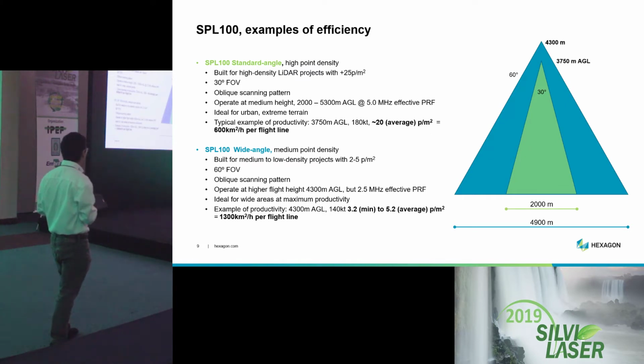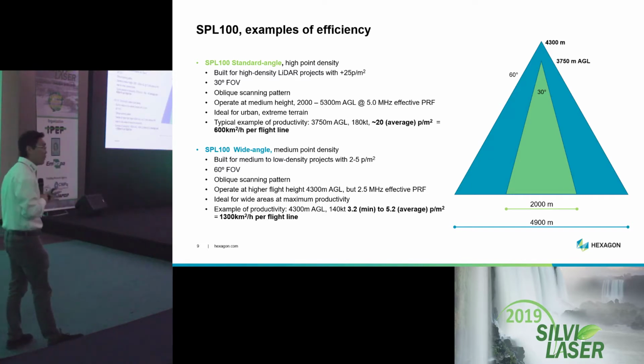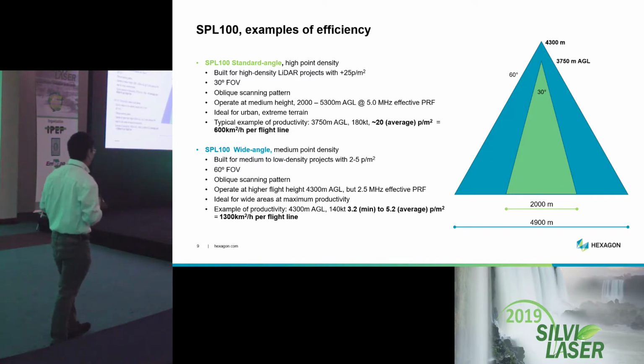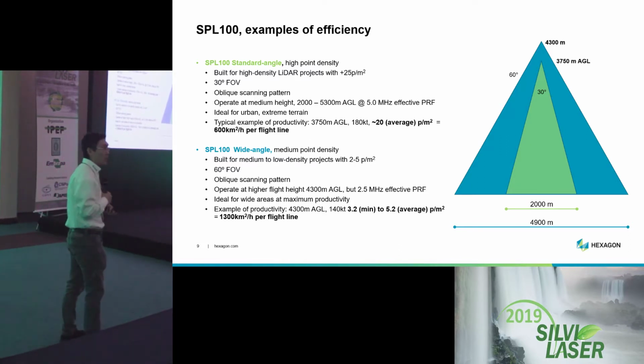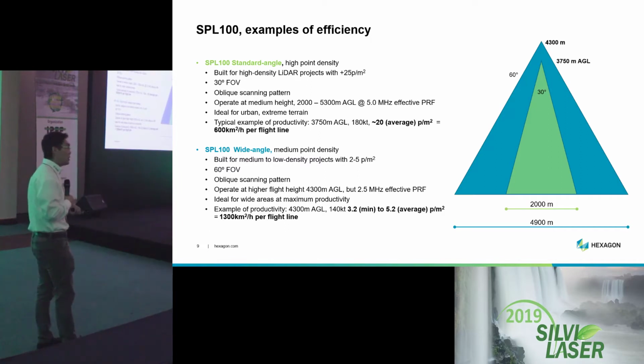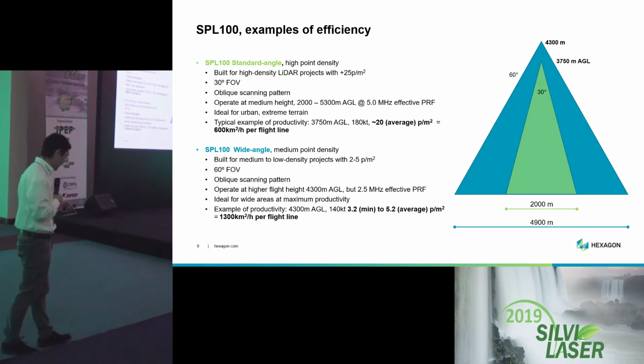We are talking about a minimum in the nadir area of around 3 points per square meter, and on the edge of the field of view, 5 points per square meter, but we can really increase the productivity to almost 1,300 square kilometers per hour. We are now using not 2 kilometers, but almost 5 kilometers of swath coverage.